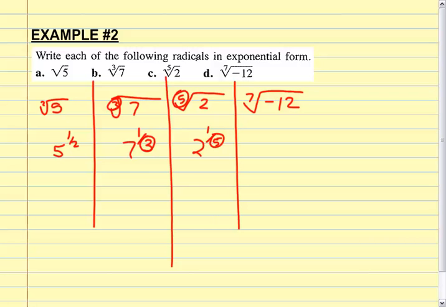Now that's possible because this is an odd root. If it were an even root, then we couldn't take that of a negative number. We'll talk about that in the next lesson about imaginary numbers. But this is just going to be (-12) in parentheses because I want to say this negative is also being raised to this power, to the 1/7. That's it. Done. Piece of cake.